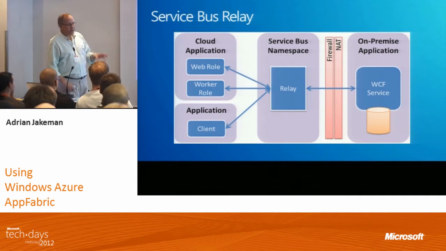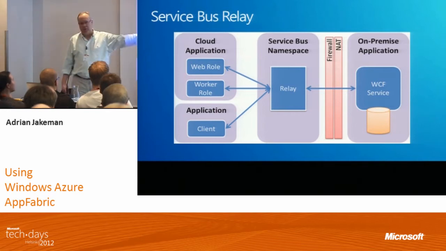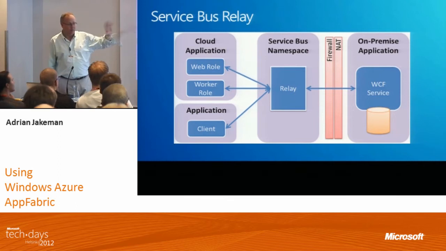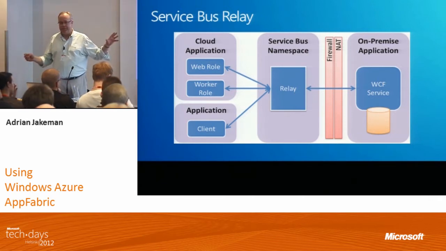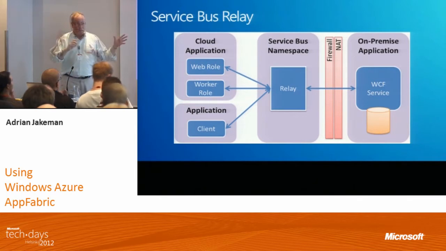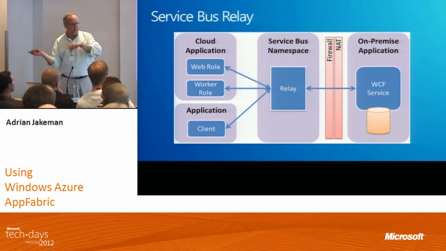relaying messages between a client of some description on some device and a service of some description running perhaps on-premise or in the cloud, up to you. Okay, so it's about relaying messages between the cloud and, for now, let's say an on-premise application. Not just relaying the messages, but actually passing the messages backwards and forwards so that we get proper client-service type functionality.